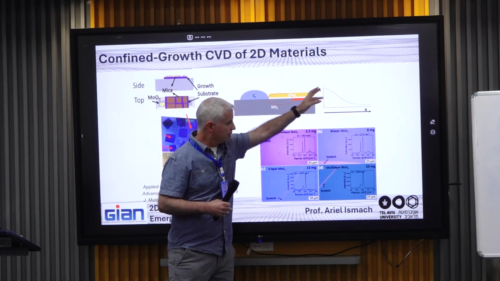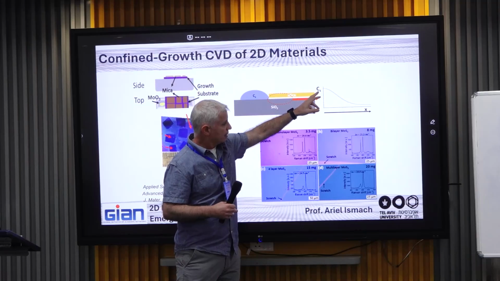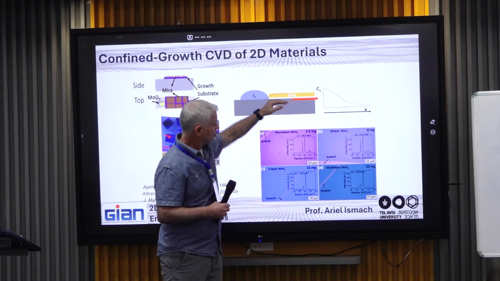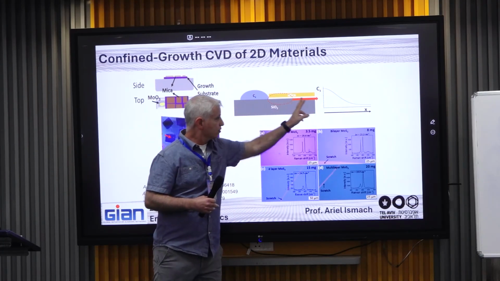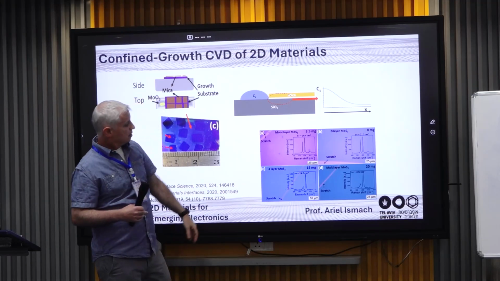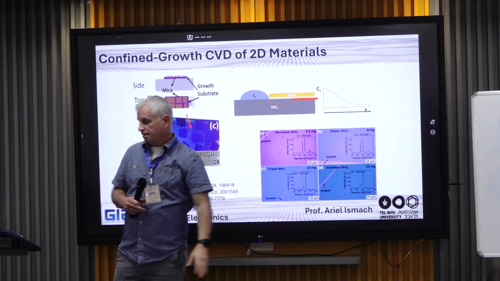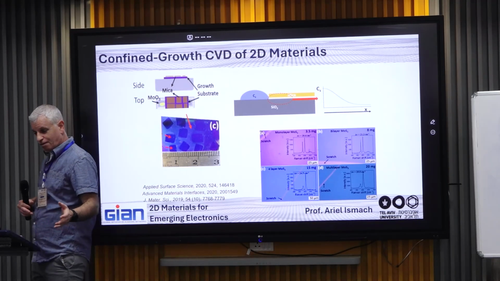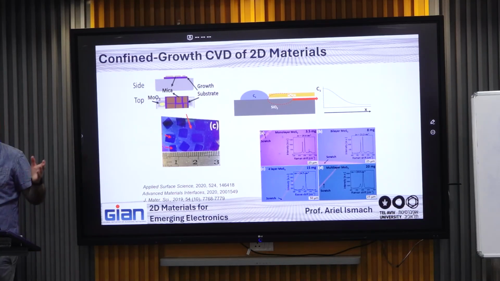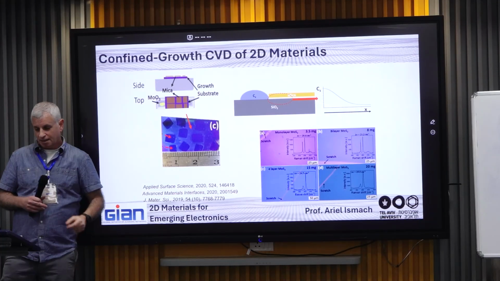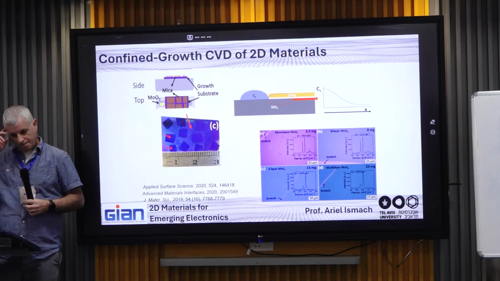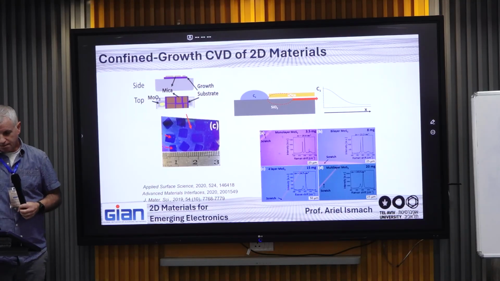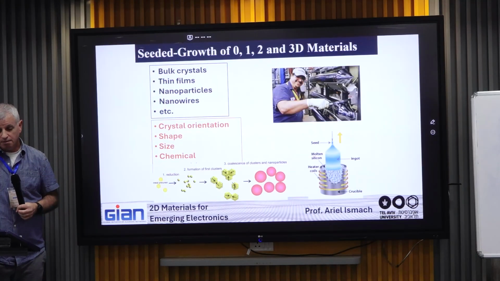As you see here, schematics of the carbon concentration on the substrate as a function of X. So if you do it right, like my Indian postdoc did, then you can get very nice results.